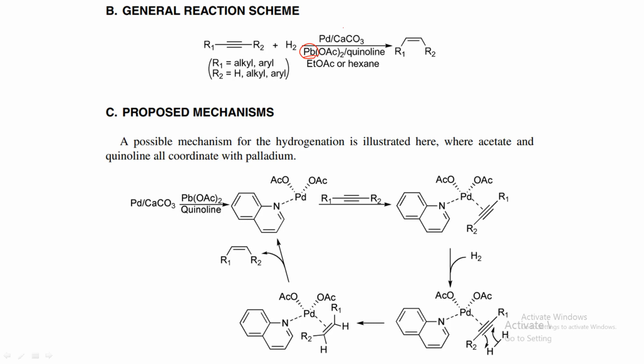So that's it actually, and the quinoline also. These two actually reduce some catalytic power of this palladium. That's why it stops in this alkene form, not further doing the reduction to make a simple alkane chain. So to stop this process, these two, quinoline and lead, are used.